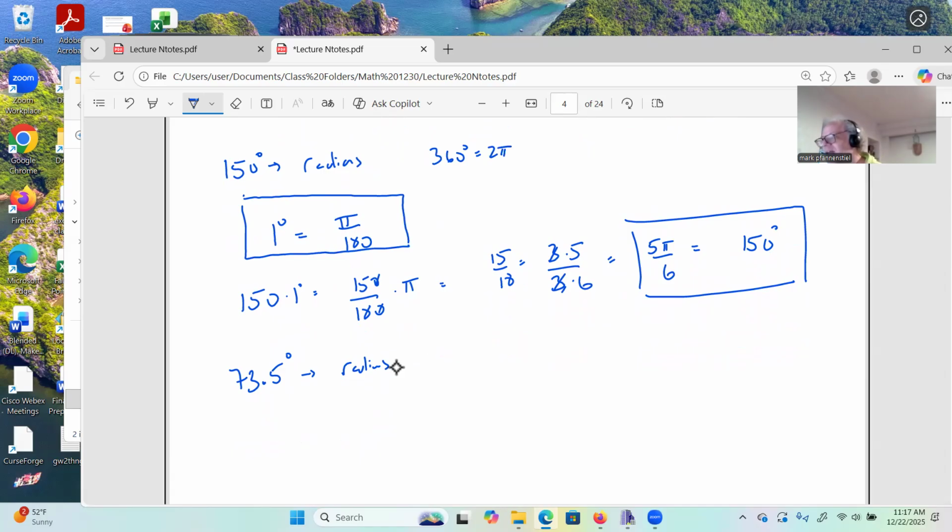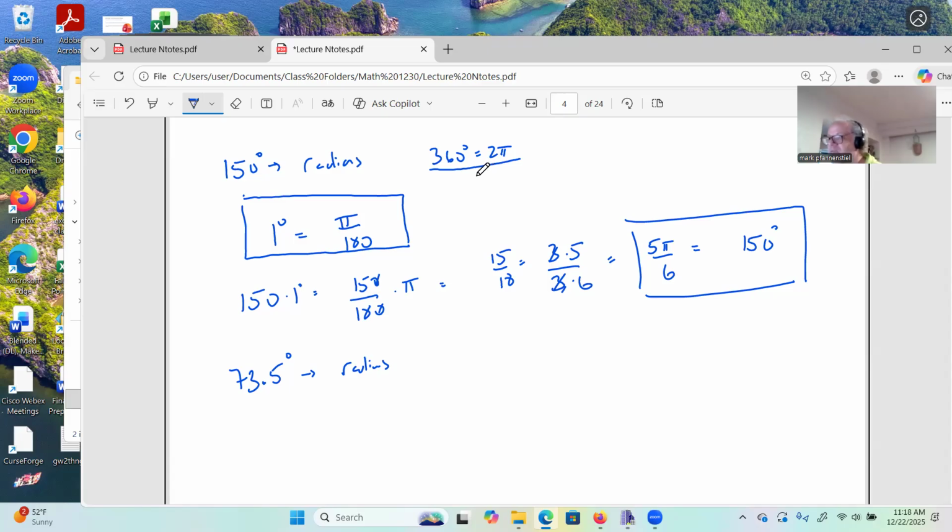I don't like to memorize, so I'm going to cut down on the memorization you have to do. But while you're doing these problems, you might want to have that memorized. It won't kill you to remember that one rotation of a circle is 360 degrees, which is the same as one rotation in radians, which is 2 pi radians. Then you can work through it this way.